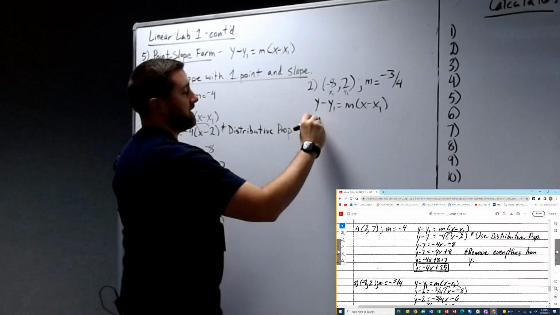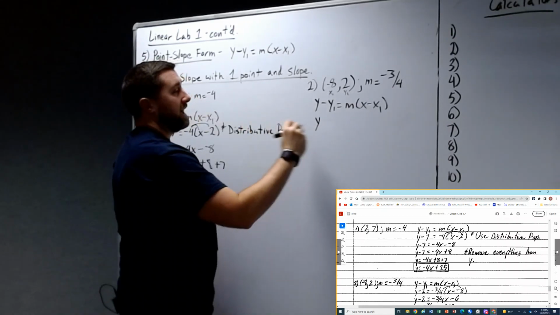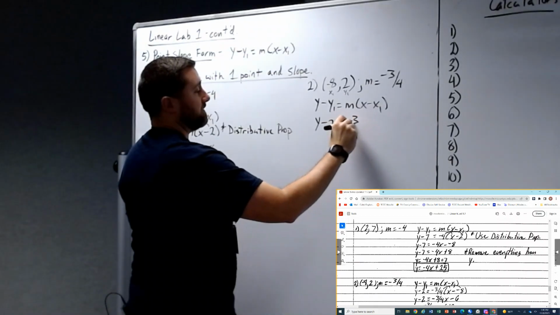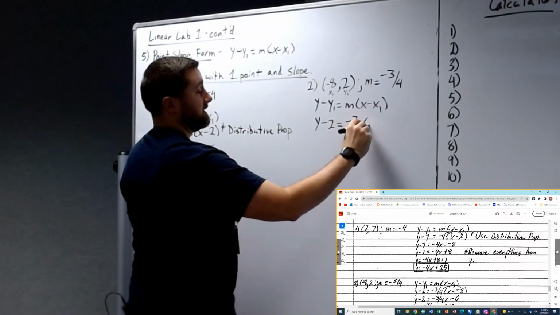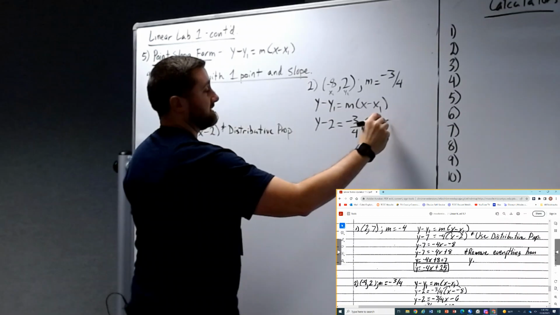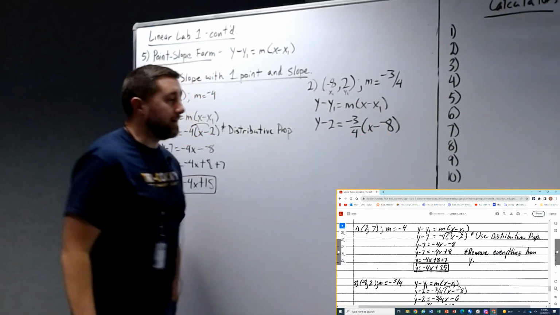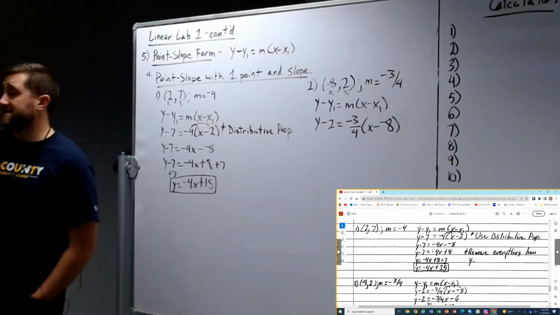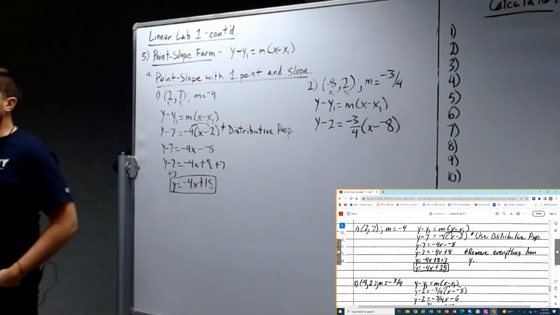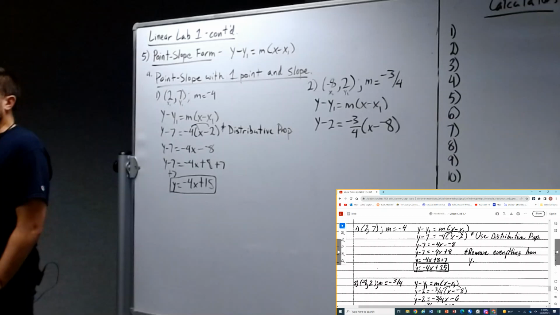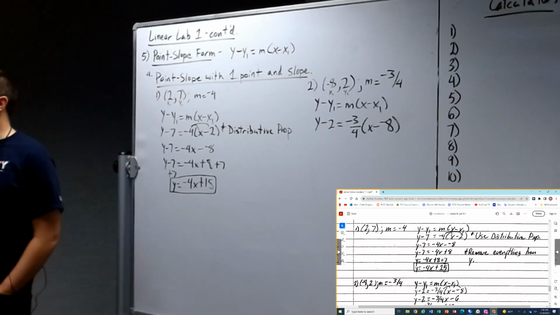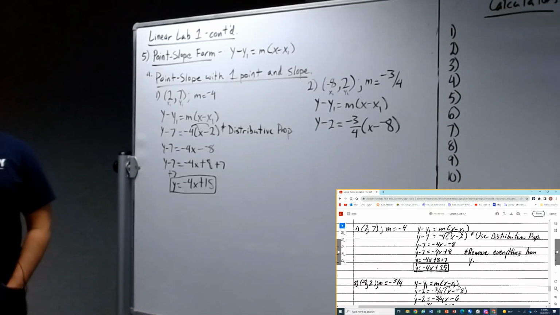Y minus 2 is equal to negative 3/4 times x minus negative 8. Now, that says minus negative. I think if you change that here, you'll still be okay and you'll wind up with the signs that you need. But I'm going to err on the side of caution, and I'm not going to change that until I've distributed.